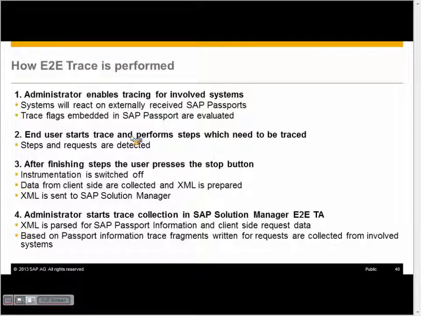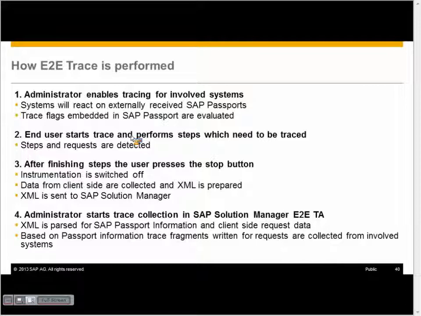So this is done through SAP Passport. The client will initiate a passport, and along with the request, the client will send this passport to the mobile server, from which it will go to the gateway. Wherever the request goes, the passport will be attached to it and sent through, so that all the systems in this chain will know that, okay, this is not a normal request, this is a request for trace, and I should trace this request, and whatever happens during this request should be traced and stored according to the passport.